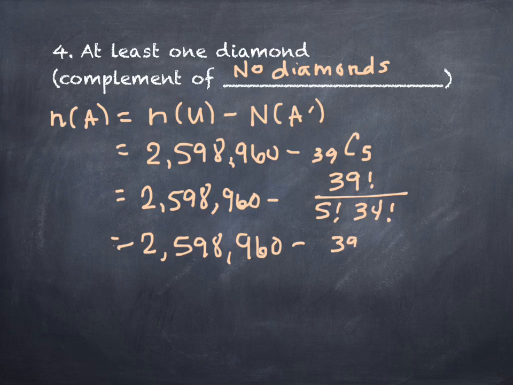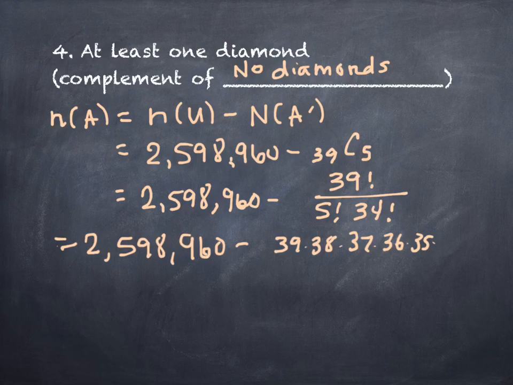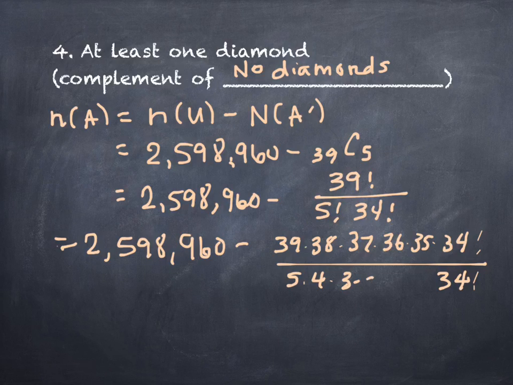So I have 39, 38, 37, 36, 35, and 34 factorial. And then I have 5, 4, 3, 2, and 1 in my denominator.